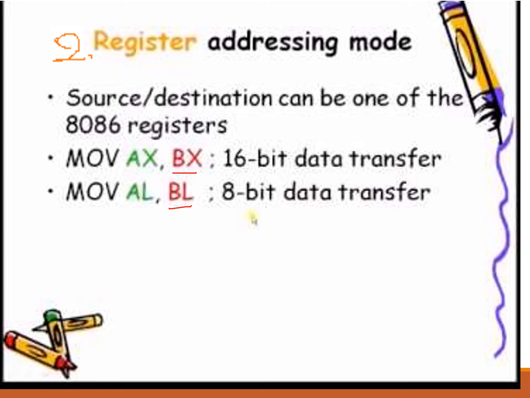Now we can use another instruction where I perform a subtraction operation between 2 operands, the DX register and the CX register. Here also both are registers: the destination is a 16-bit register and the source is also a 16-bit register. As the source is a 16-bit register here, it is called register addressing mode.